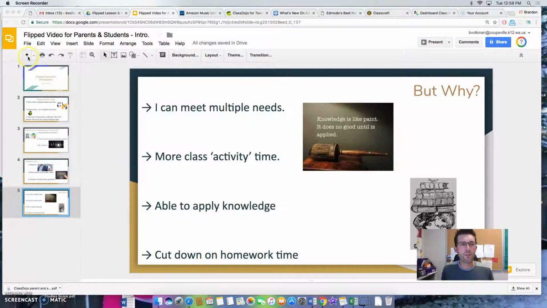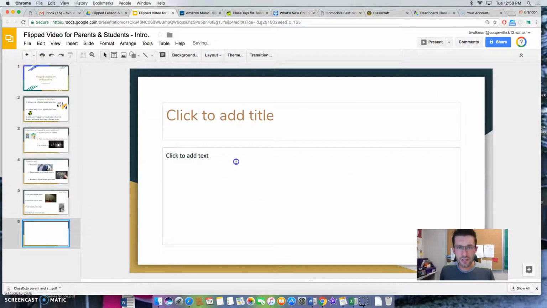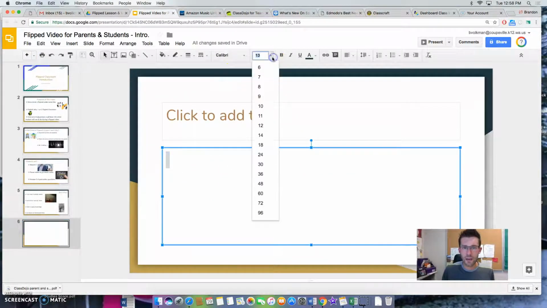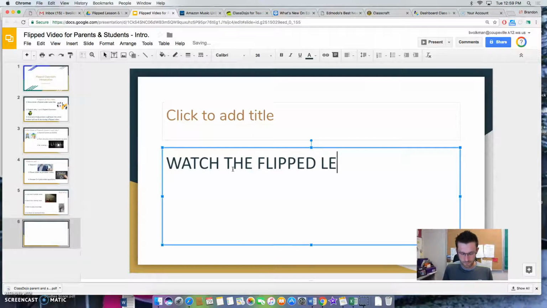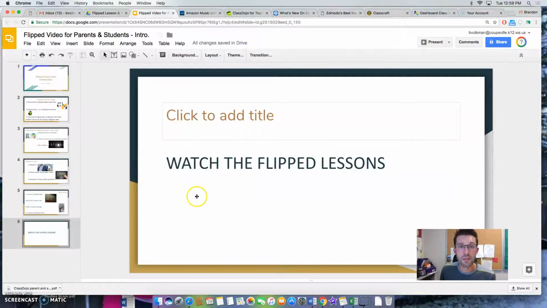Now, there's one final thing that I need to discuss and talk about, and I'm going to type it while I say it. Very important with the flipped classroom model. Students need to do the following. You have to watch the flipped lessons.